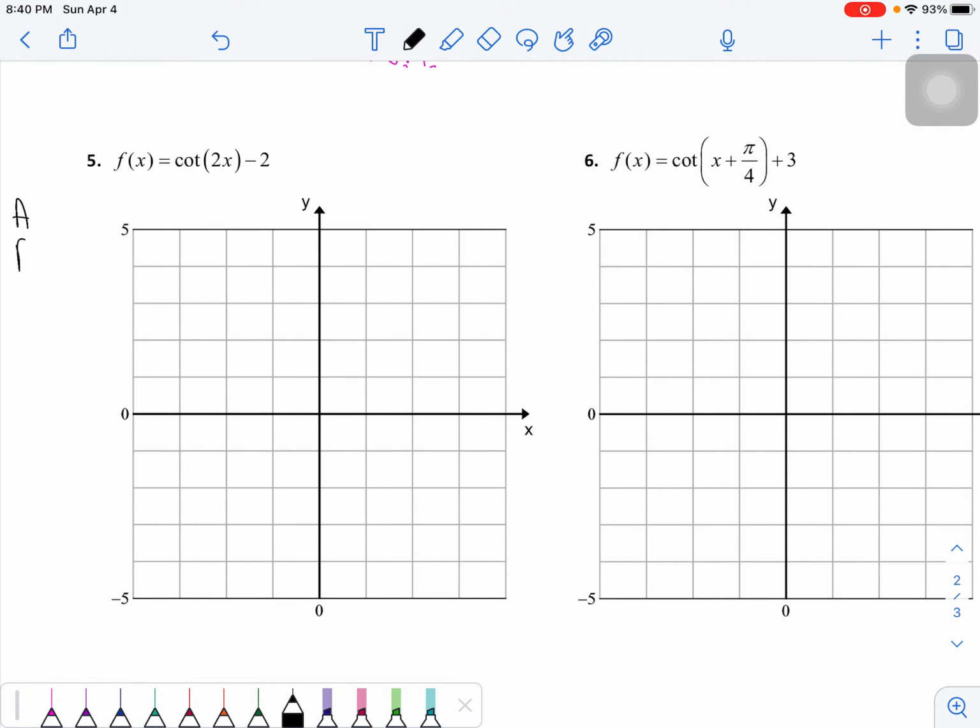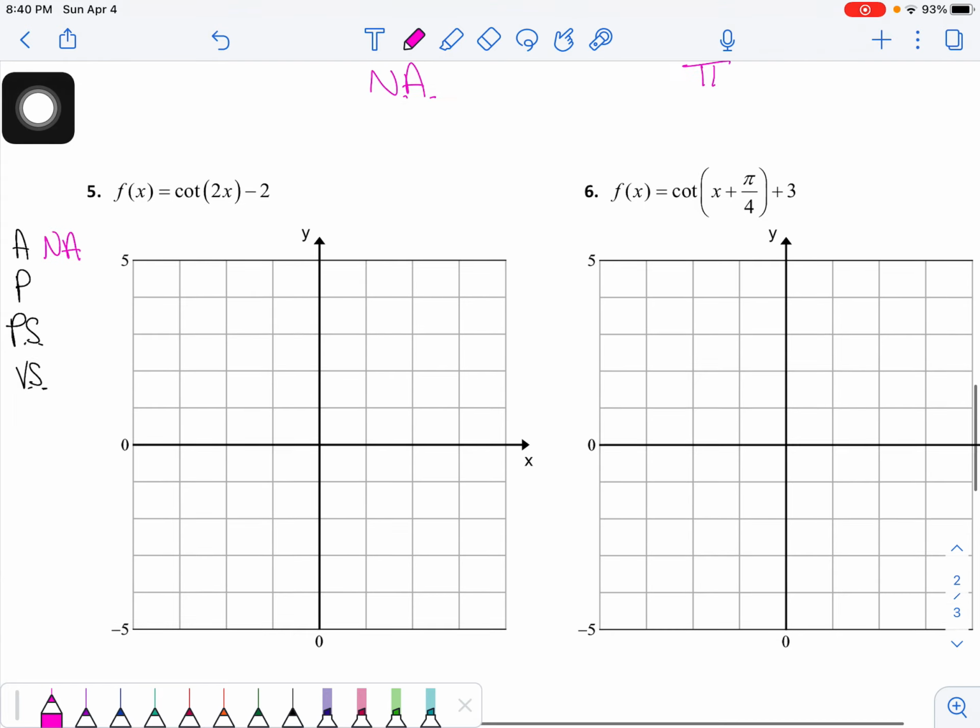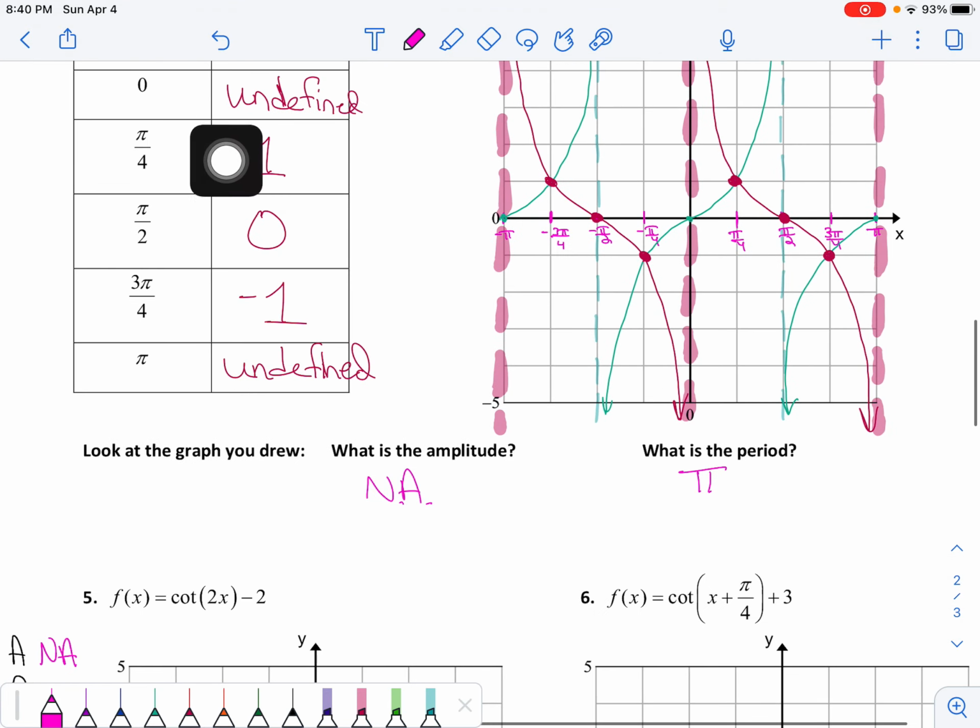So problem number 5. Amplitude, period, phase shift, and vertical shift. So we've talked about this repeatedly. Amplitude doesn't apply, but if I did have a coefficient in front of cotangent, it would stretch these points either further away from the x-axis or closer to it, depending on what the coefficient was. So let's say the coefficient was 2.